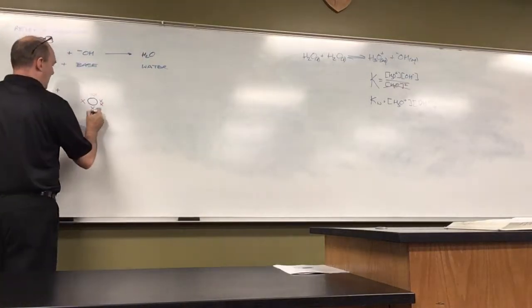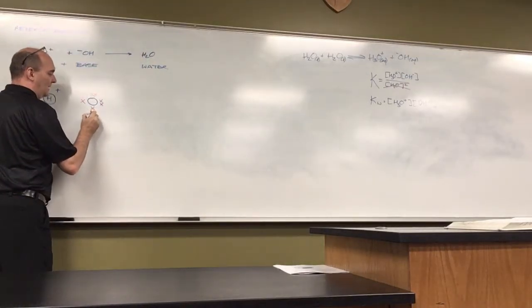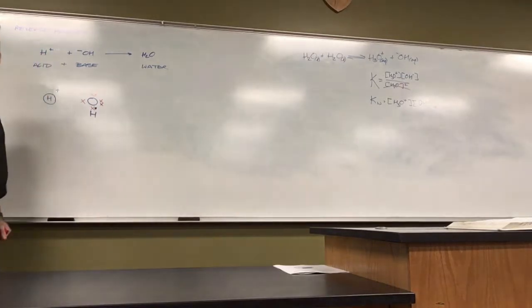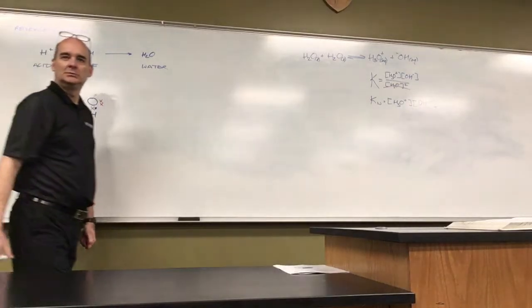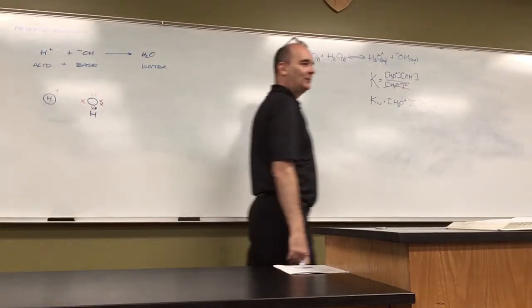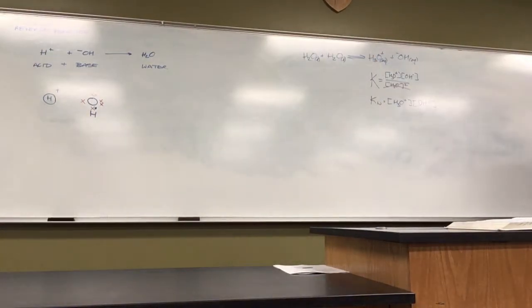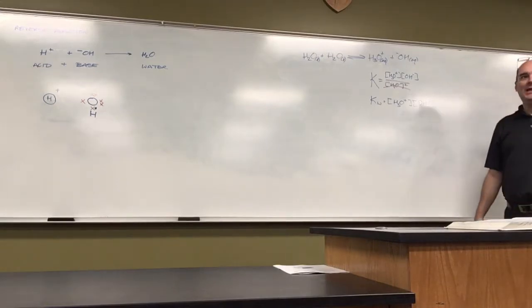Okay. It also has a bond to hydrogen. So this would be OH. That's an oxygen with a hydrogen bonded to it. That is a 7-electron species. 7 electrons is not 8.